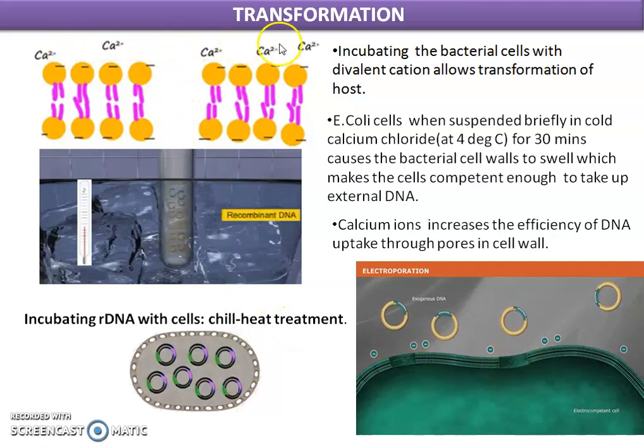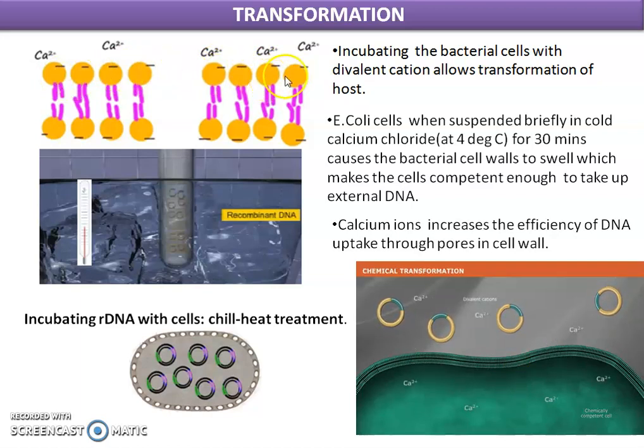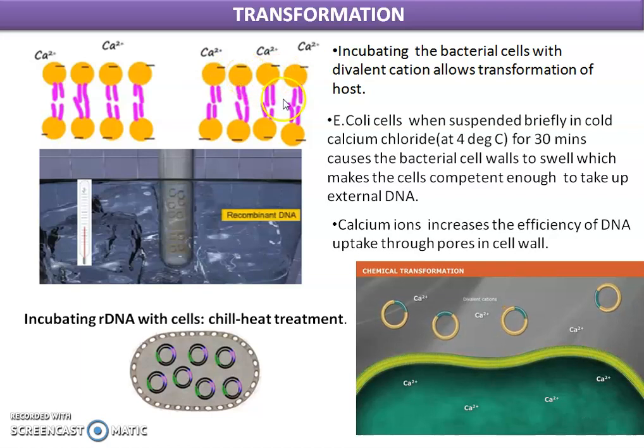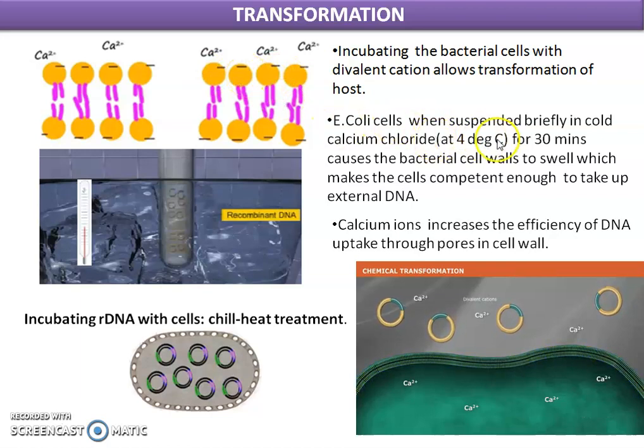When these cations are on the surrounding of the cell membrane, they neutralize the negativity of the cell membrane. That, along with the cold treatment plus heat shock treatment, makes the cell wall and the membrane porous. You can see the pores created here. The pores are created because of these steps.